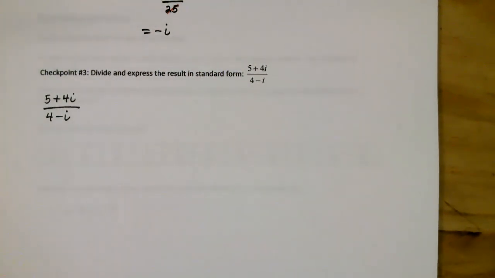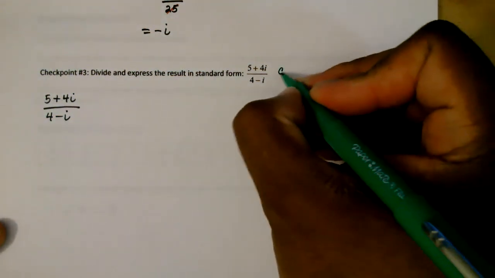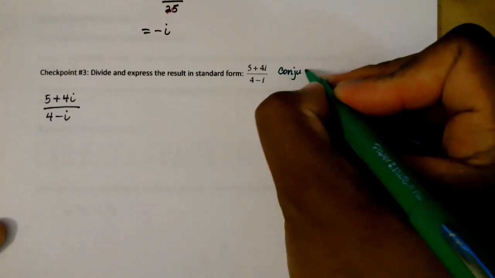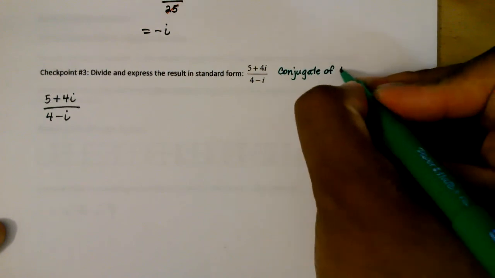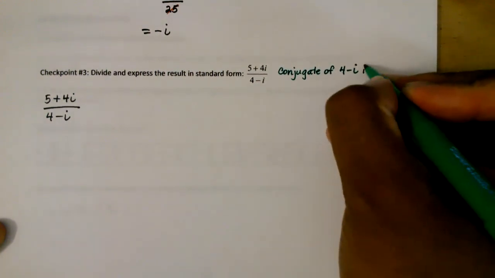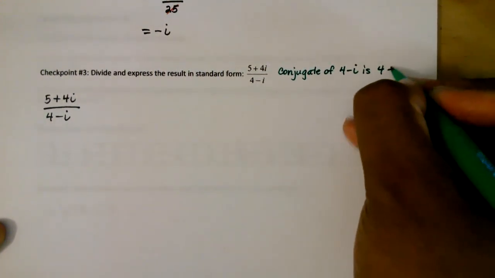All right, let's look at our denominator, which is 4 minus i. Here I need the complex conjugate of 4 minus i, which is simply 4 plus i.